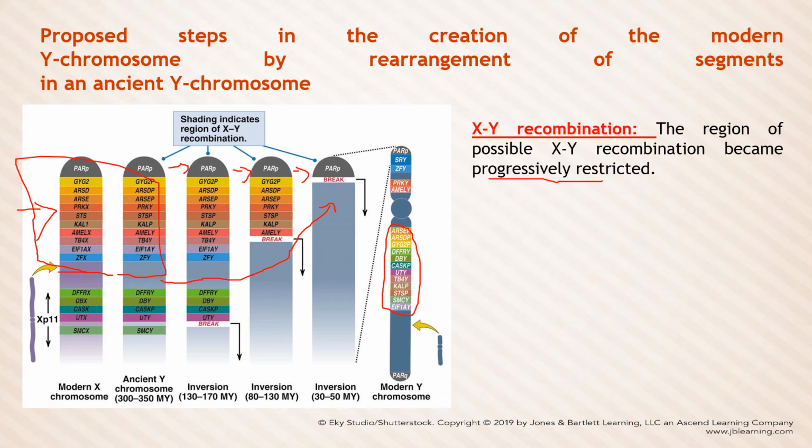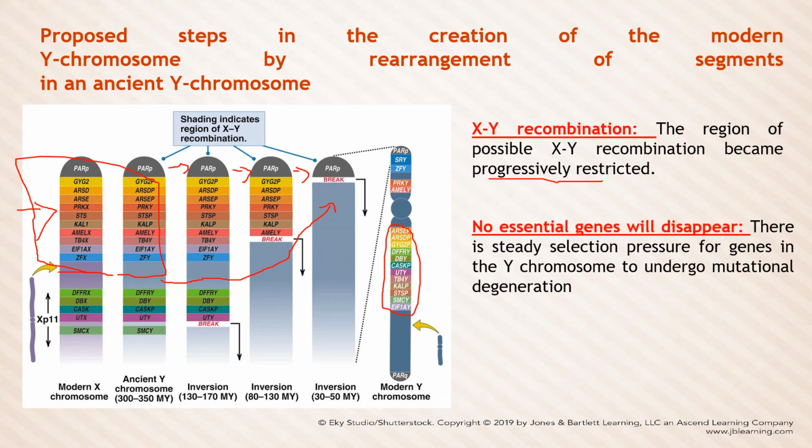So you lose them, and the only things that remain there are the genes that are fundamental. The other ones are just lost over time, and it seems that there was a steady selection pressure to lose parts of the chromosome that were not essential.